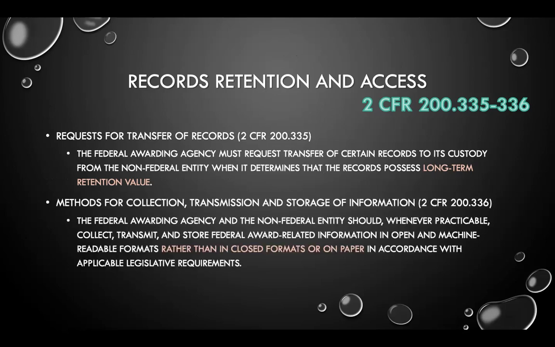In 2 CFR 200.336, it describes methods for collection, transmission, and storage of information. The federal awarding agency and the non-federal entity should, whenever practicable, collect, transmit, and store federal award-related information in open and machine-readable formats rather than in closed formats or on paper, in accordance with applicable legislative requirements.